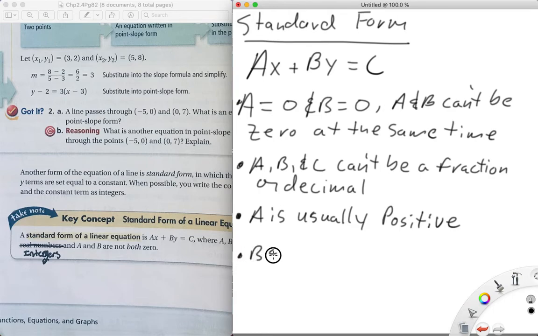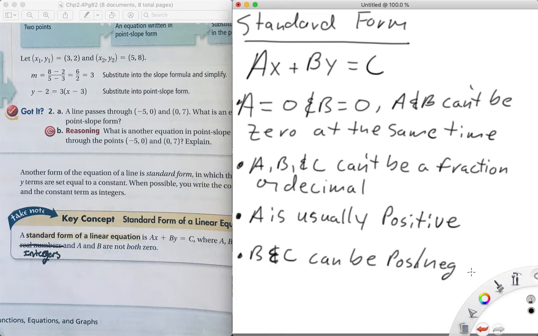B and C, hence the word integers instead of whole numbers, B and C can be positive or negative.